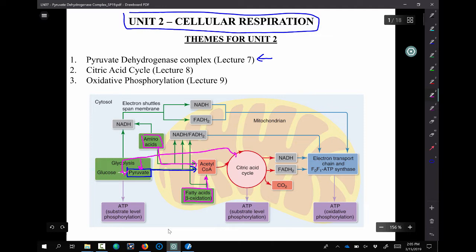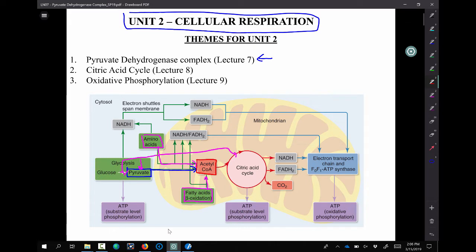We'll look at that more closely as we get into the later stages of the class, in particular amino acid catabolism. But nonetheless, there's this central metabolic intermediate, acetyl-CoA, that these catabolic pathways will feed into.